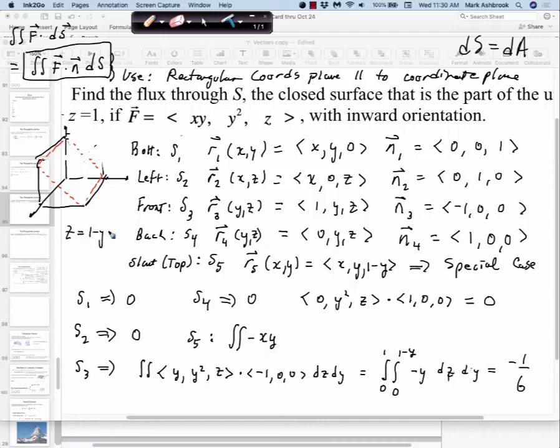Is that the red function up there? So P times the partial of G with respect to x, which is 0, minus Q, y squared, times the partial of G with respect to y, which is negative 1, plus R, which is z, which is 1 minus y.